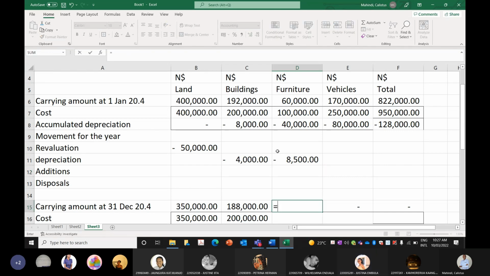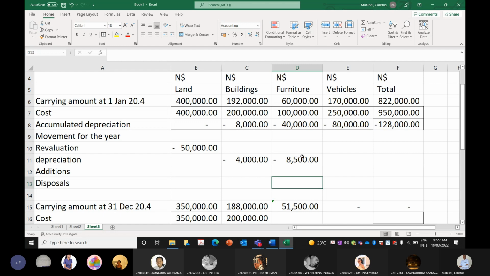You can take your carrying amount minus your depreciation. Oh, the disposal. Sorry, I forgot the disposal. So your depreciation is 8,500. And then the disposal, what did we dispose of?